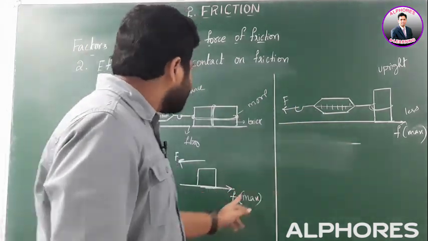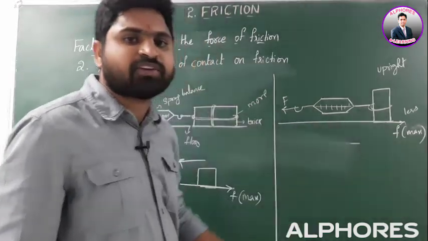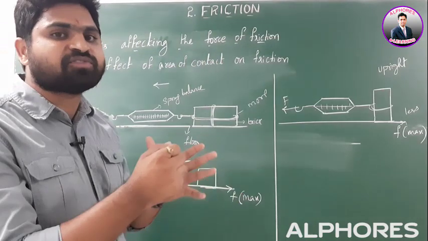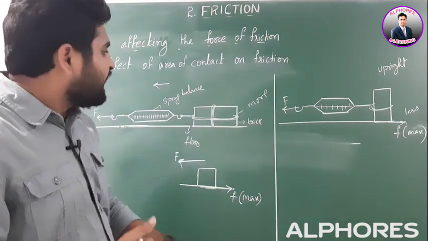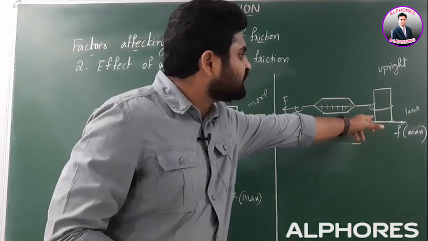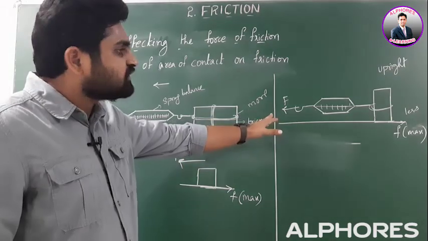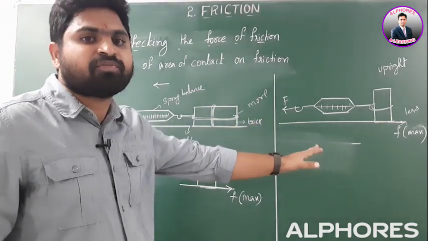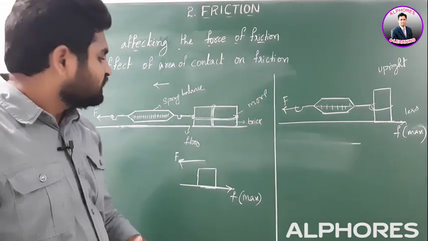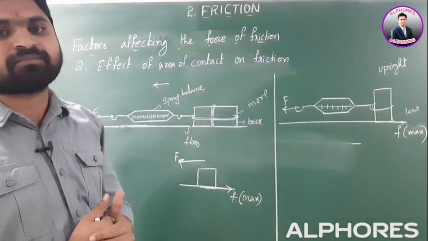If you observe these two values, the maximum limit of friction here and the maximum limit of friction there, both values are the same. The brick is lying horizontally on the surface here and vertically there, but in both cases the maximum limit of friction is the same.